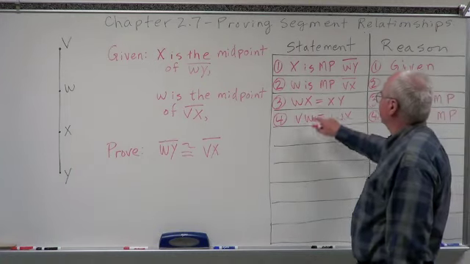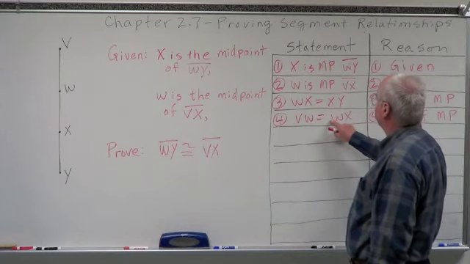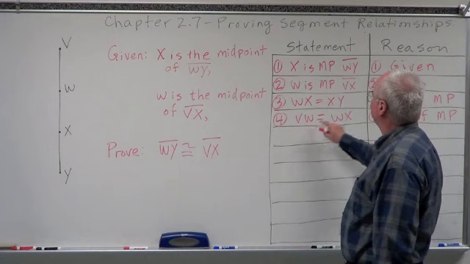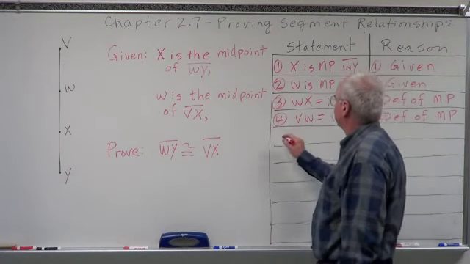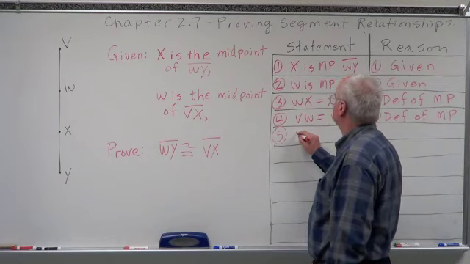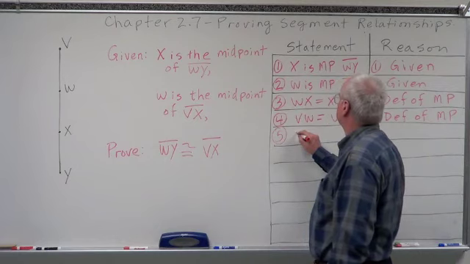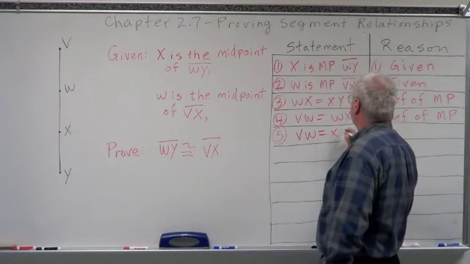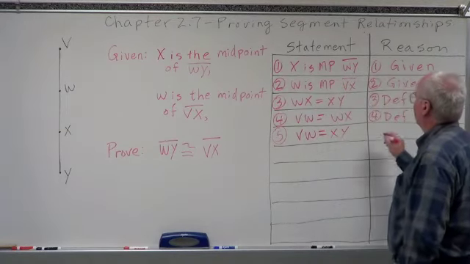Well, what do we got here? We've got this right here and this right here. So what can we say about VW and XY? Number 5: VW equals XY. Why?